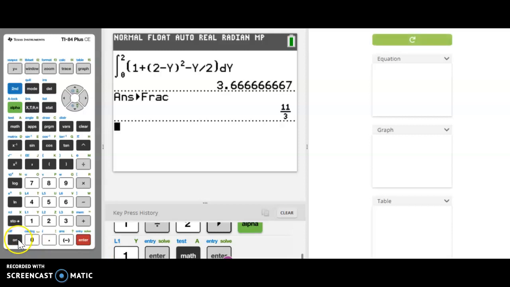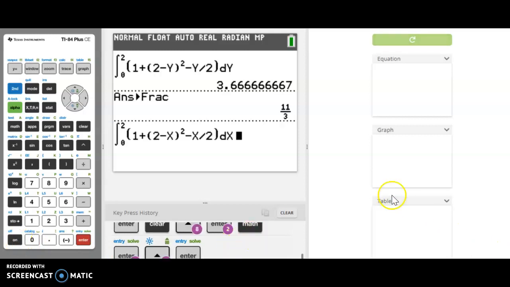I'm like, sweet. Now, you probably saw that I made a mistake there for a moment, and I typed an X there, and I just changed it to a Y. I used these Y's here because I wanted it to match what we just did. But really, the calculator doesn't care if we have Y equations or X equations. It's just going to calculate this integral for us. So I actually would prefer just to use the variable that's easier to get to, which is this X if I hit that button right there.